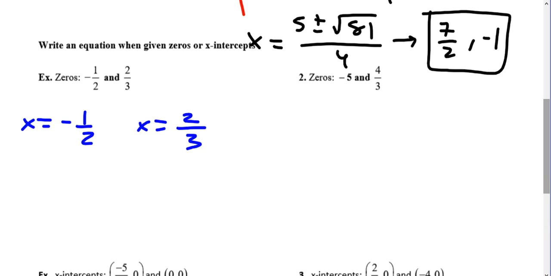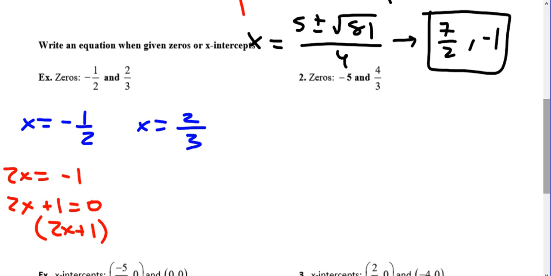So multiply both sides by 2. I get 2x equals -1. And I get 2x plus 1 equals 0. So one of my factors is 2x plus 1. Same thing over here. 3x equals 2, or 3x minus 2 equals 0.